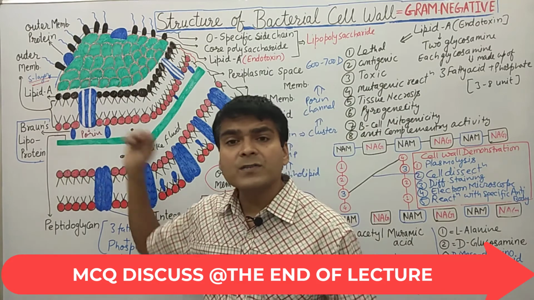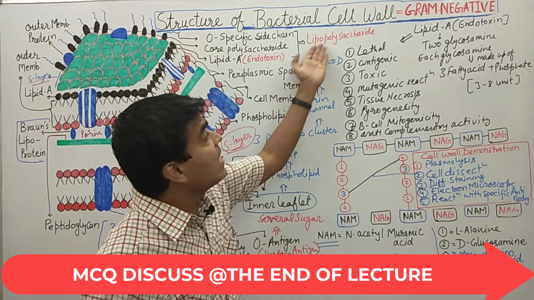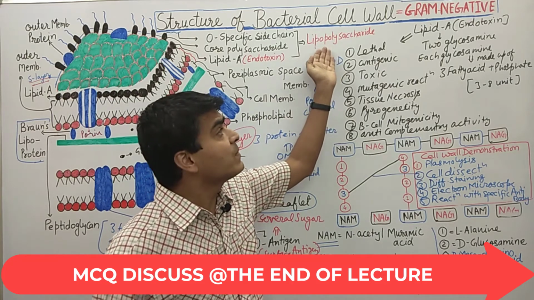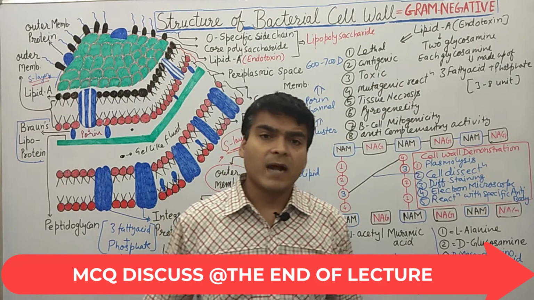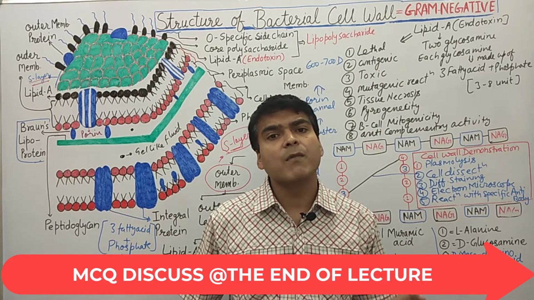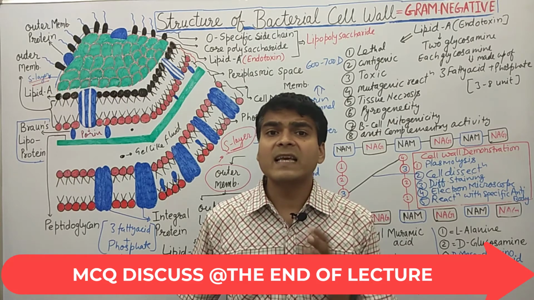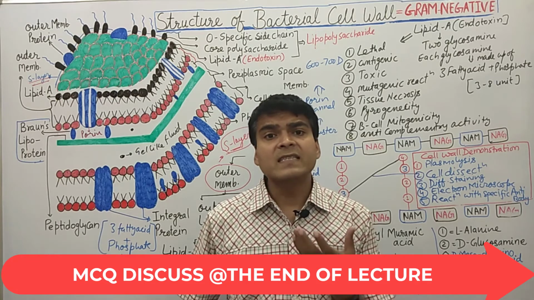Braun's lipoprotein is also present in gram-negative bacteria, as well as lipopolysaccharide (LPS). Lipid A is present, which is not present in gram-positive bacteria. So these are some major differences between gram-positive and gram-negative bacteria cell wall. I hope you are able to understand these points.